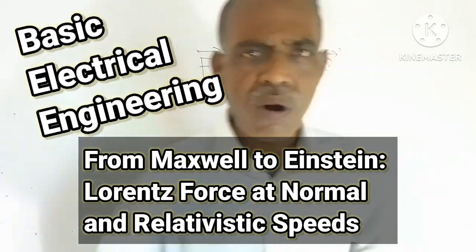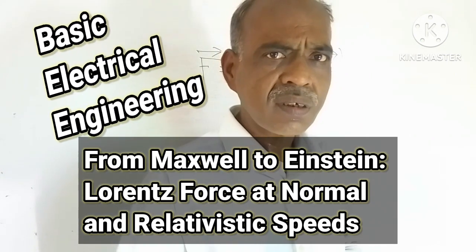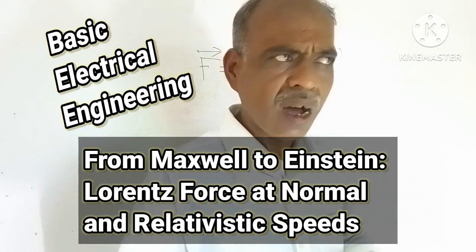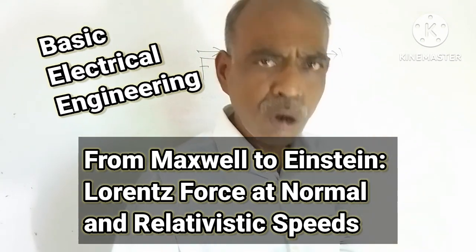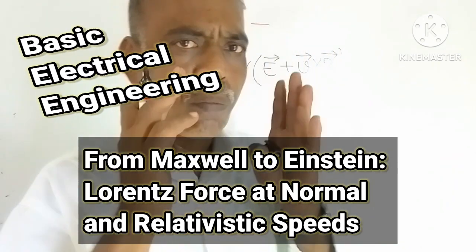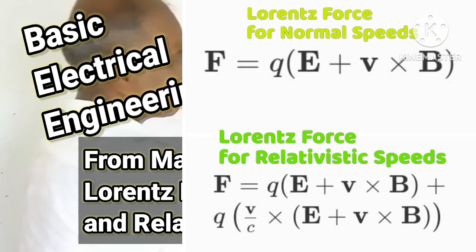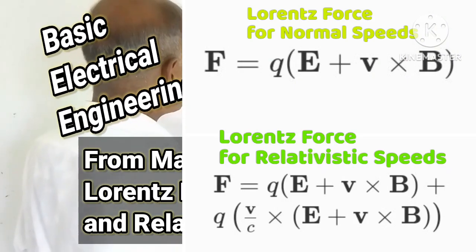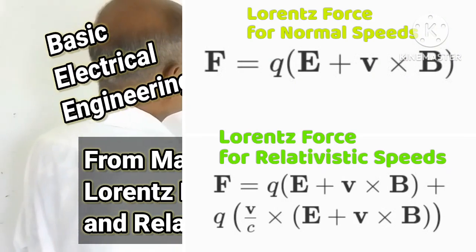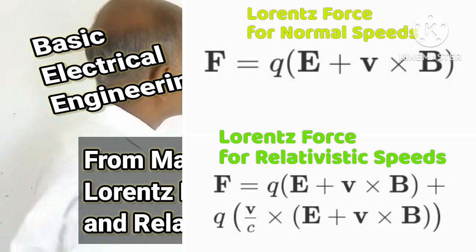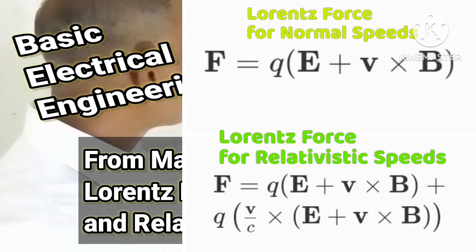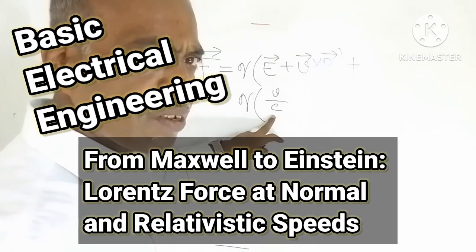So, to account for relativistic speeds in the case of Lorentz force, we have to add more terms. Those terms are, so plus sign, then again write this q, then here will appear v by c. Here v is the velocity and c is the speed of light.